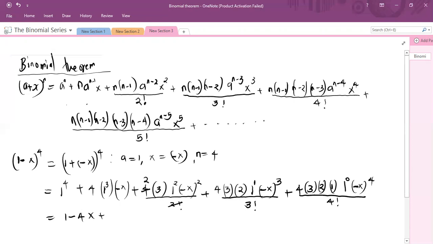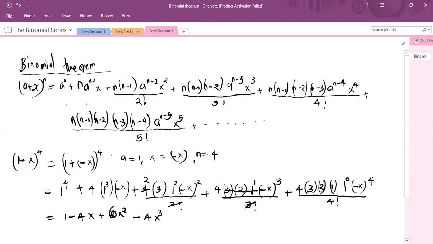We have 2, 2 times 3 will give us 6, minus x squared will be positive x squared. So this will give me 6x squared. Now 3 factorial is the same as 3 times 2 times 1. So this 3 factorial can cancel with this 3 times 2 times 1. Minus x cubed will give us minus x cubed. So I will have here minus 4x cubed.